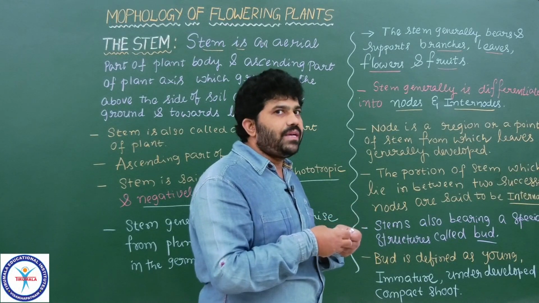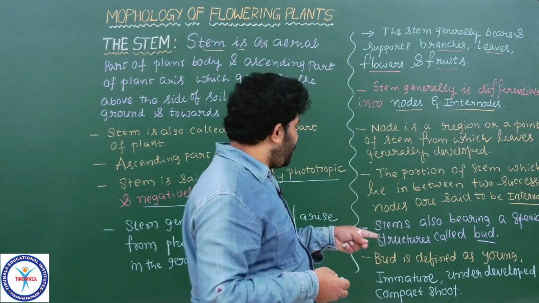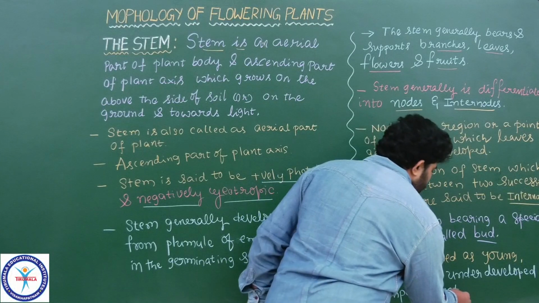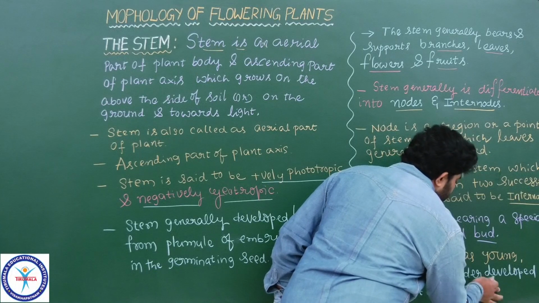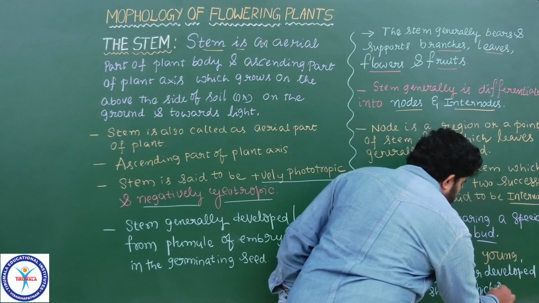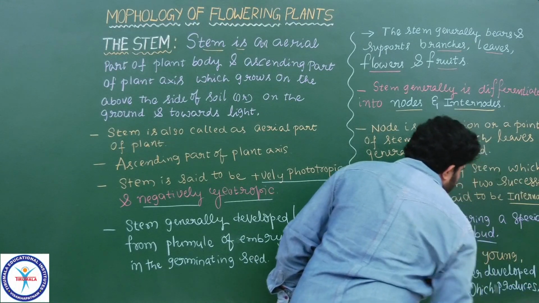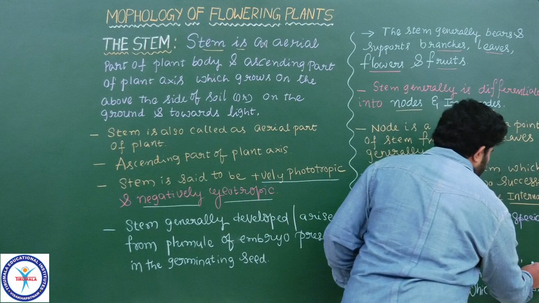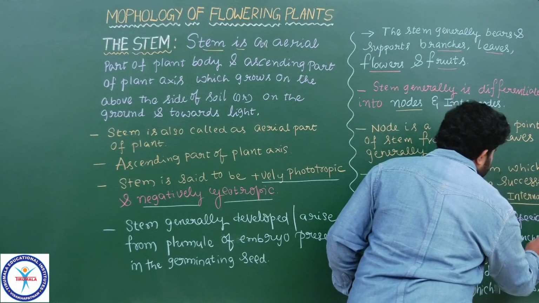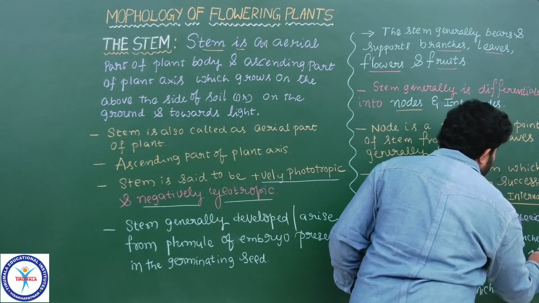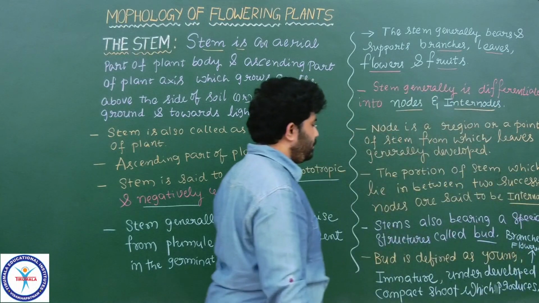In which area these buds develop, we will discuss later. So a bud is a young, immature, underdeveloped, compact shoot which produces branches and flowers. Have you got the point? Yes.